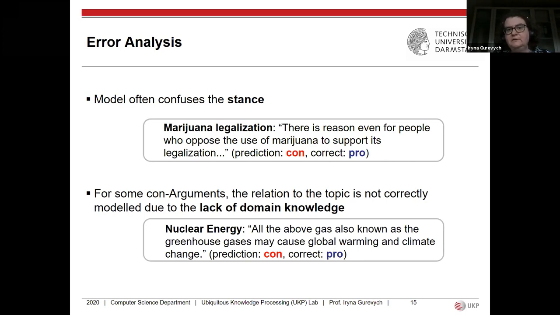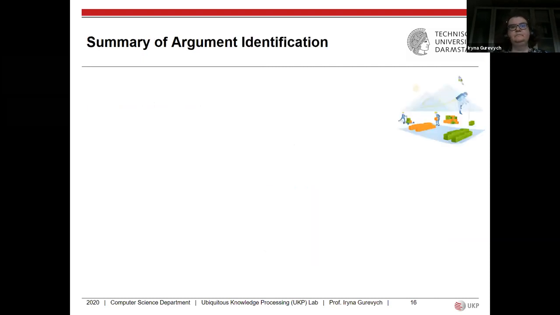So the argument talks about the negative effects of greenhouse gases and predicts a negative stance towards the topic. However, nuclear energy does not produce any greenhouse gases, and hence, in this case, it is rather an implicit pro argument, but the system is unable to capture this.